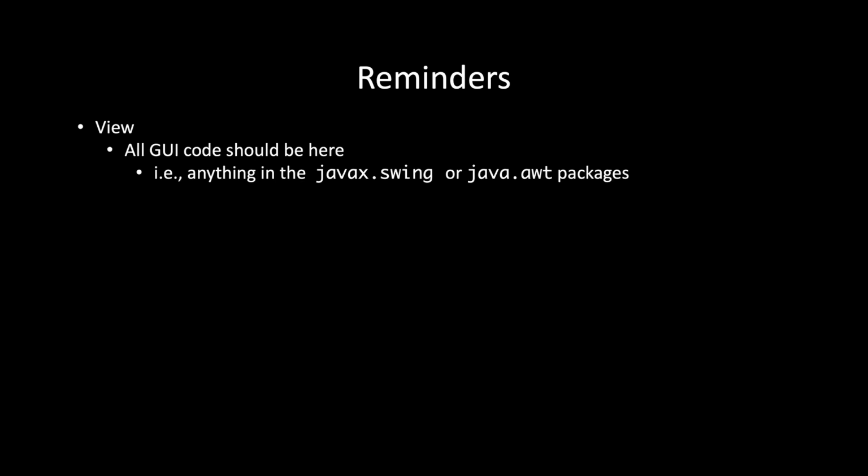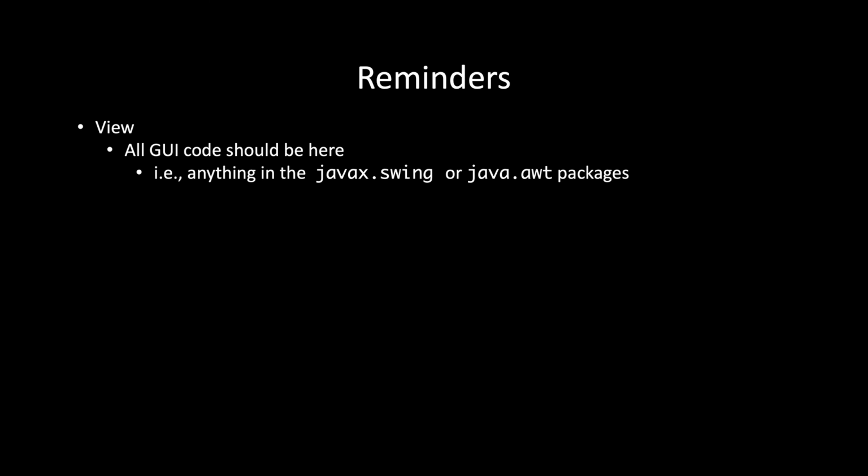All right, so let me wrap up with a few reminders or a little summary here. So remember, the view is where all of your user interface code goes. And so in the world of a Java application, pretty much anything that comes out of the javax.swing package or the java.awt package should go in your view class.